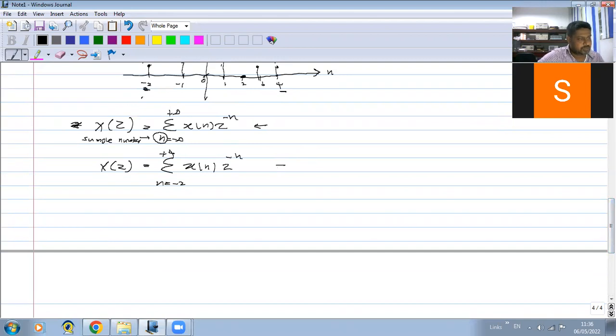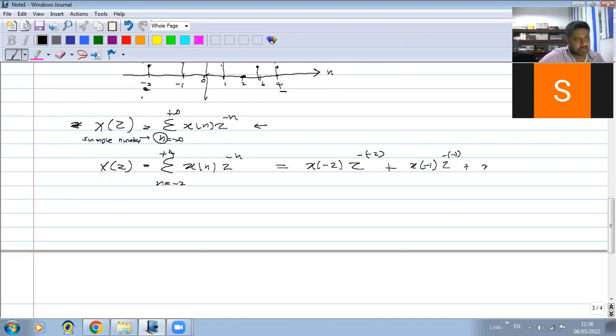Let us expand this expression. For n equal to -2, we have x[-2] z^(2), since n is -2 and you get +2 in the exponent. This is a summation, so it is plus, again plus. Then x[-1] z^(1), since n is -1 and you get +1.